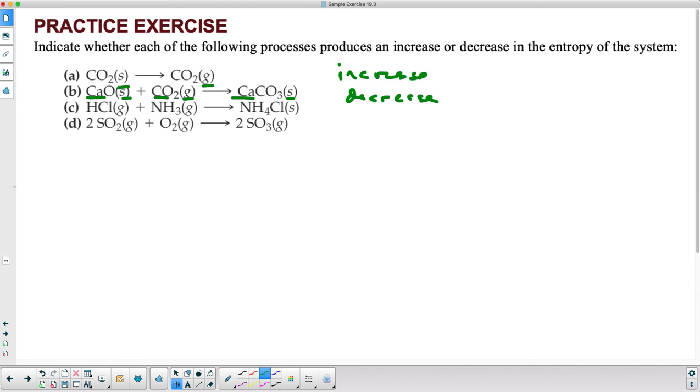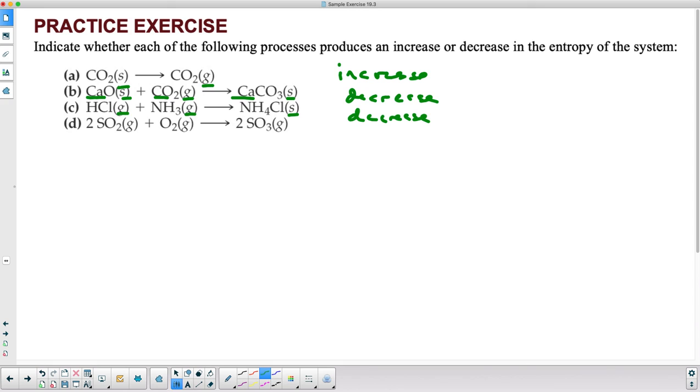Again, very clearly for C, I have the same situation, 2 gases. So 2 moles of gas going to 1 mole of a solid is definitely a decrease. Fewer particles, and those particles are in a lower state, which means solid.